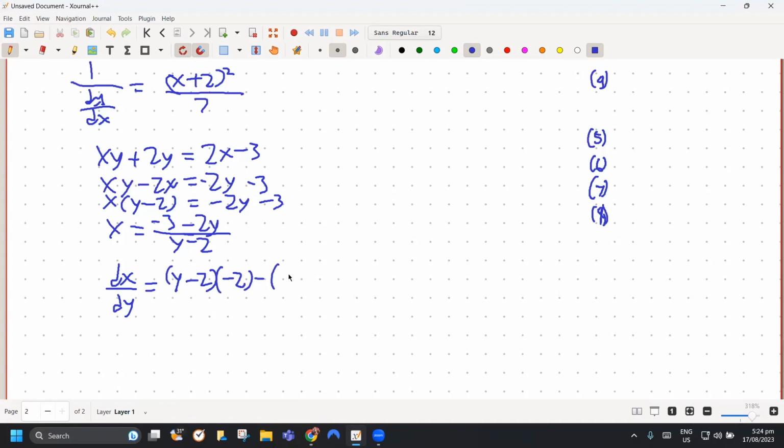So, low is y minus 2, minus high, over low squared. So 2y minus 4.